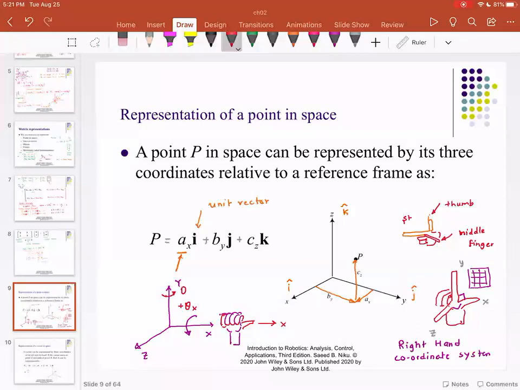So here this theta Y is going to be positive, because you curl your fingers in the direction of theta Y, and you will notice that your thumb will be pointing towards the positive Y direction. If you curl your fingers about the rotation theta Z, you will notice your thumb will be pointing towards the Z direction. So this is positive. So we will follow this convention, the right hand coordinate system, whenever we solve problems related to kinematics.